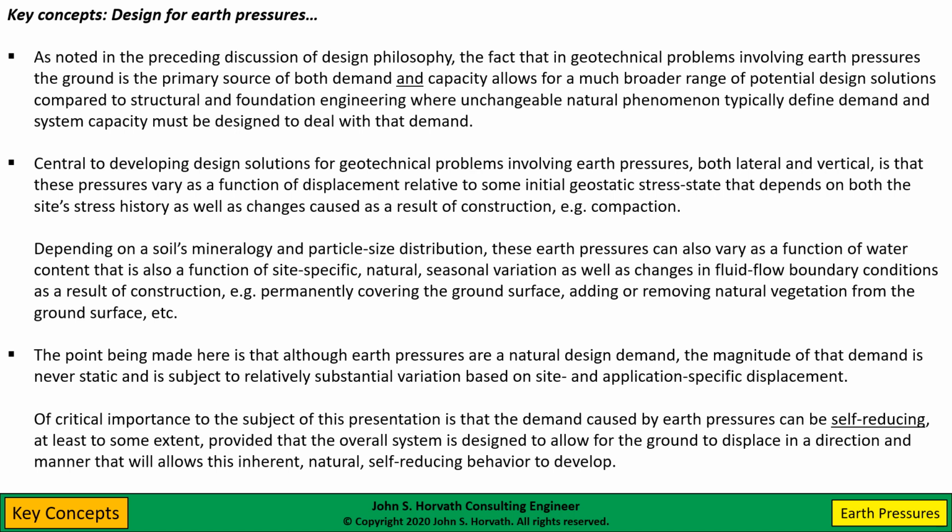So this is further adding to the complication, because we've already identified the fact that the ground is both the demand and the resistance, and we now indicate that that demand is not a fixed quantity. It could vary with a number of things, primarily displacement.